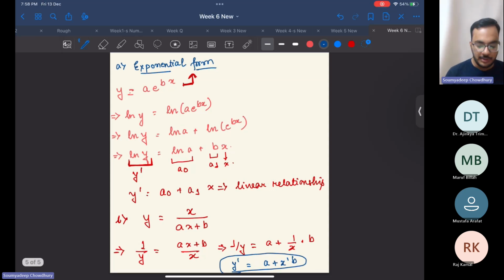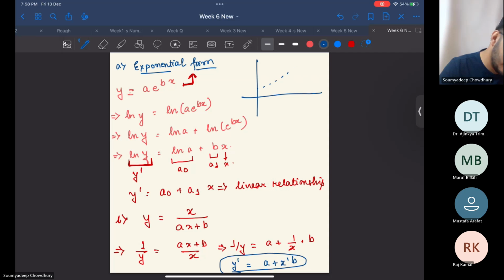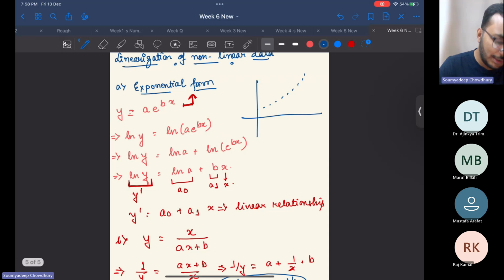So why are we doing this? Because let us say we have a problem. You have a set of data and you see it is not a straight line. Suppose you have some data like this, right? You can understand that we cannot fit a linear curve to this.